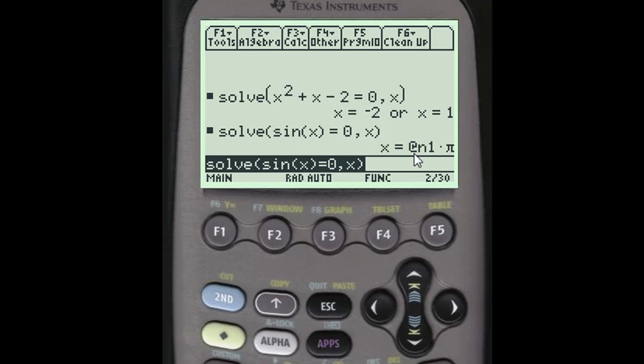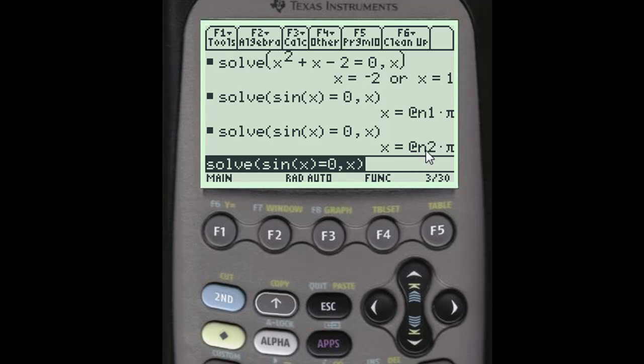Whatever your professor uses will fit in here as well. And this number 1 here, this just increases every time. So if we were to solve the equation again, you would see it says @n2 pi still. Just replace this @n2 with just n pi or k pi, whatever you're used to, whatever you're familiar with, and that's what that means. So sine x equals 0 at multiples of pi.